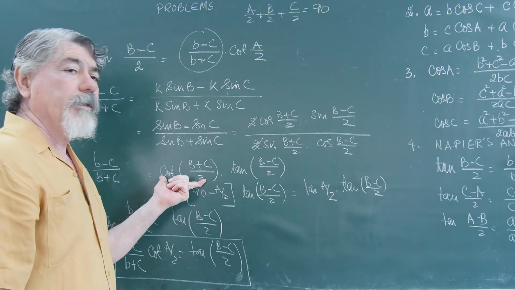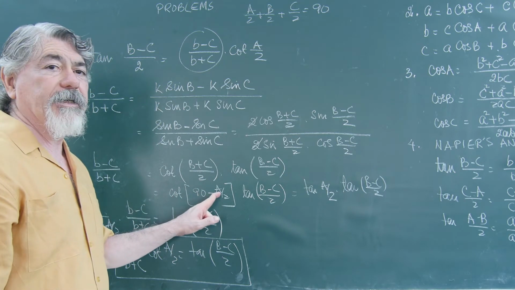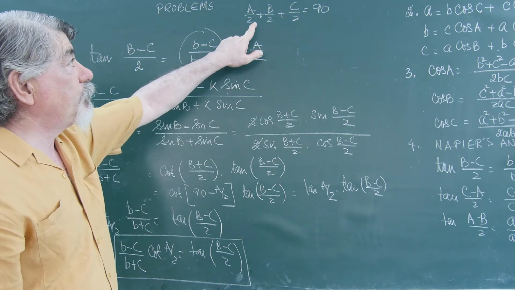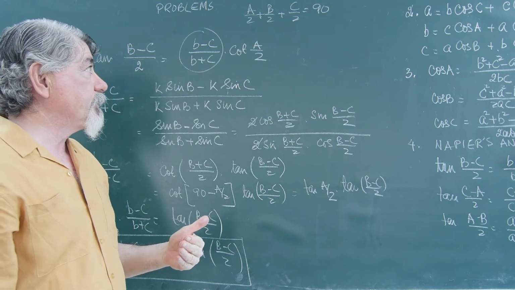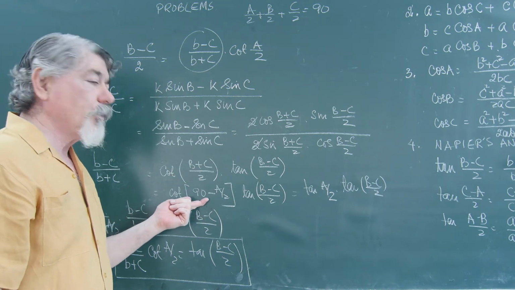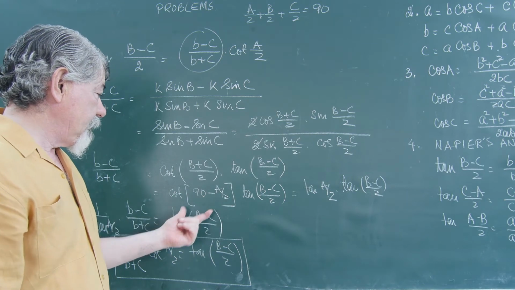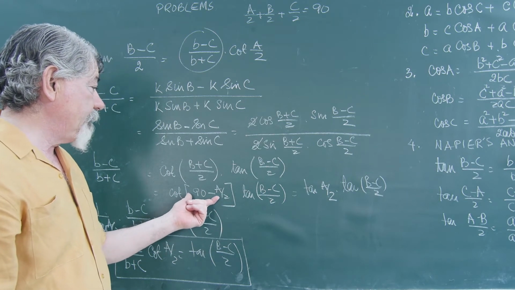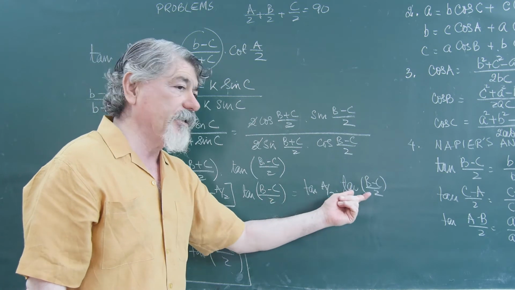This is cot((B plus C)/2), which I have written as cot(90 minus A/2), because A/2 plus B/2 plus C/2 is equal to 90. So cot((B plus C)/2) can be written as cot(90 minus A/2), which becomes tan(A/2), and this is tan((B minus C)/2).